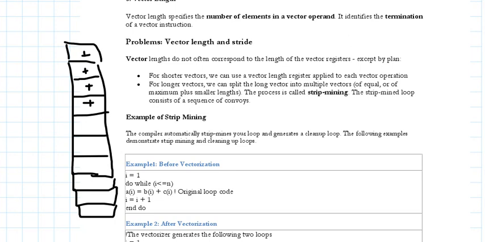Now your loop looks like, say, for I equals 0, I less than 100, I plus plus, then A[I] equals B[I] plus C[I].